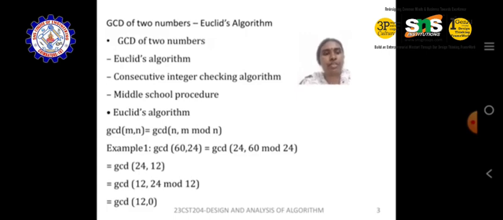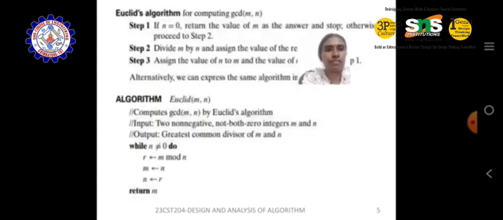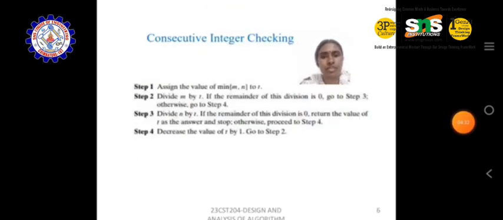And the next method is the consecutive integer checking algorithm. This is typically used to check whether a sequence of integers contains consecutive numbers in a list. The steps are sorting the list, checking the difference, and returning the result. First, input a list of integers.